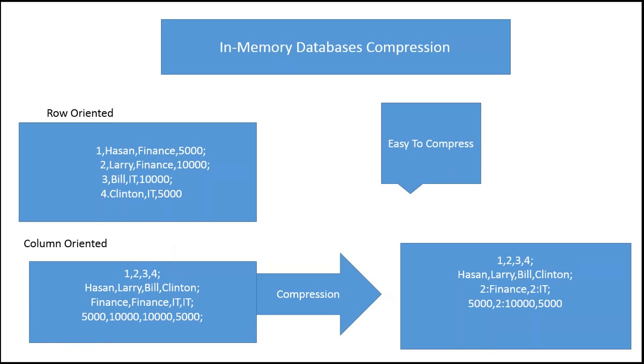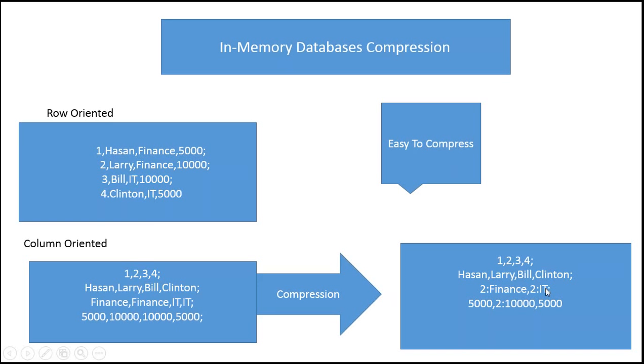See, the same data, row oriented, 1, 2, 3, 4. But the format is different. Within the columns, name, department, and salary, it is compressed. Now observe the output. Same employee ID and employee name, and department is 2 finance and 2 IT. What does the 2 finance indicate? This is called compression: 2 of finance.